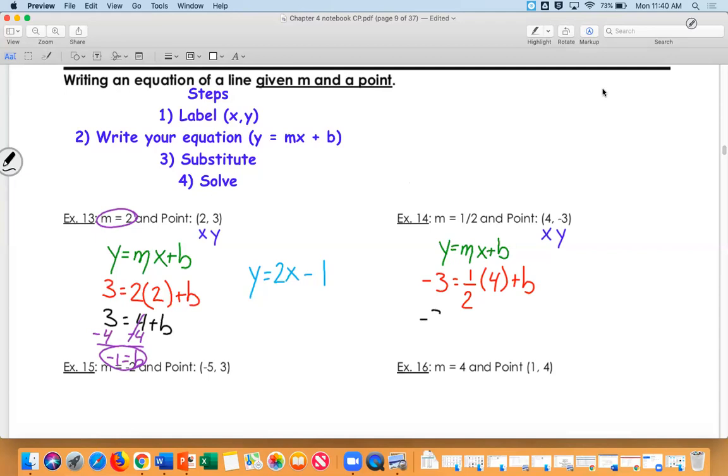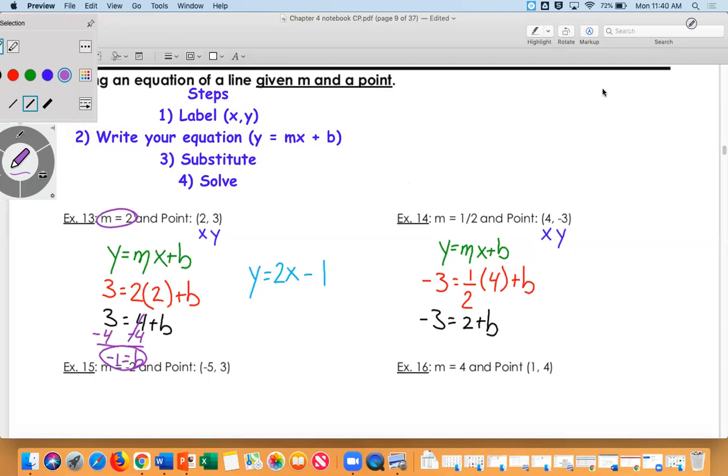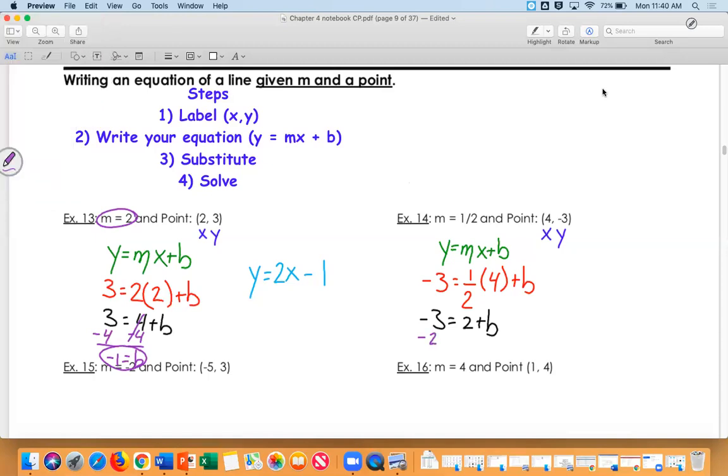So I have -3 equals 2 plus B. How do I get rid of plus 2? Subtract it. So I have -3 minus 2, that's -5.